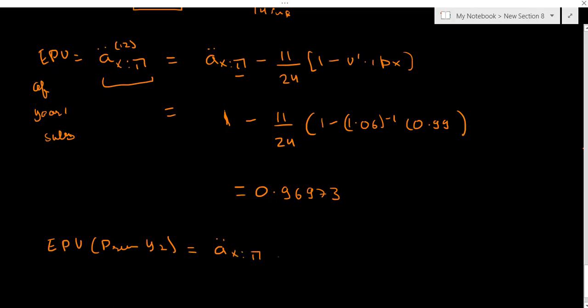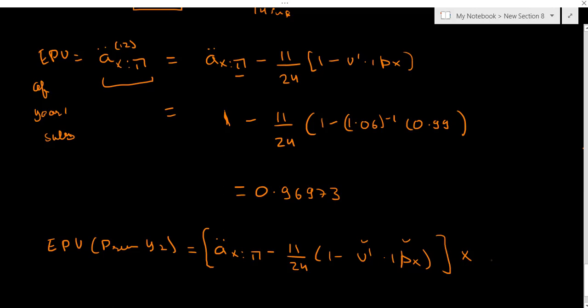And again the factor is 11 upon 24 into 1 minus v to the power of 1 into 1 px. So exactly the same things will operate, as the mortality and the interest are the same. The only change would be that this would be multiplied by the number of people who remain alive in the population now.